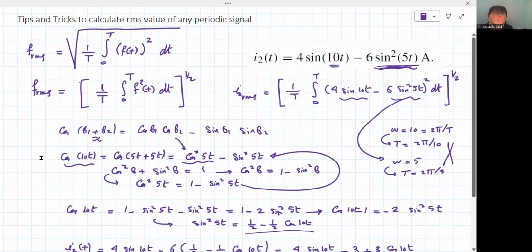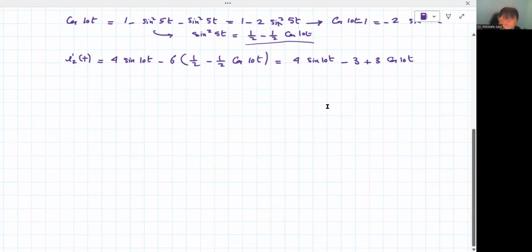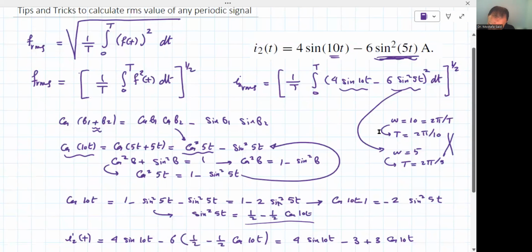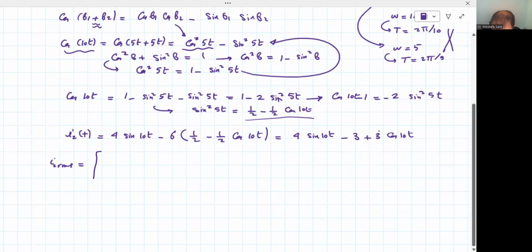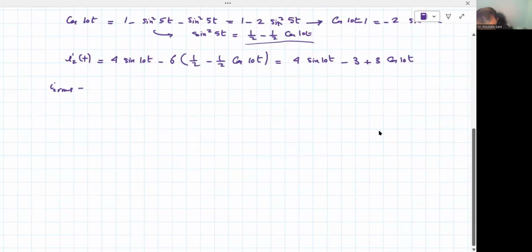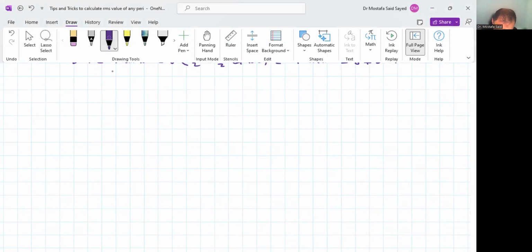Now we go back to the integral. Let's see how we can apply that. So I2 RMS equals the integral, with the big bracket 1 over T. Before that, we find omega.